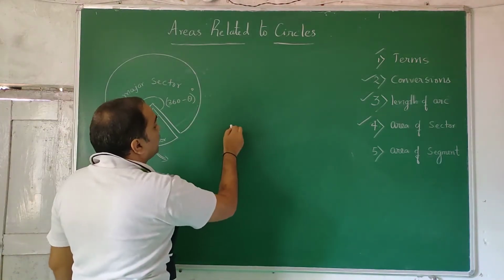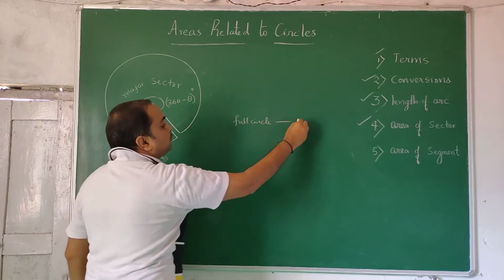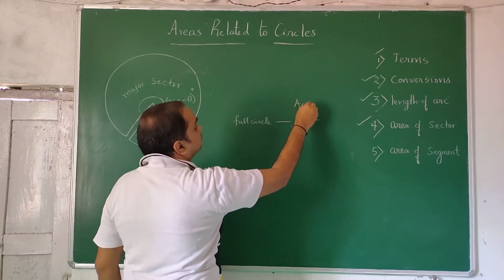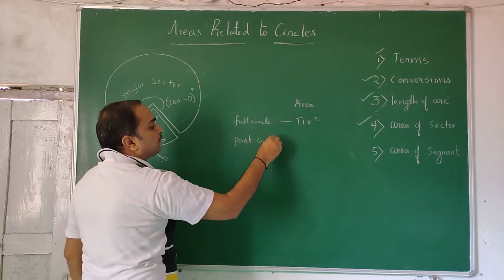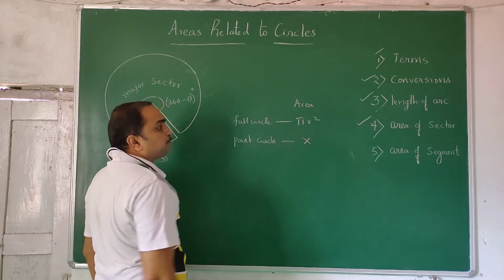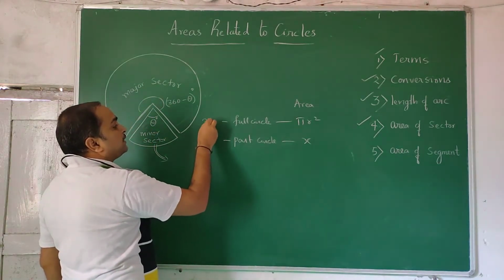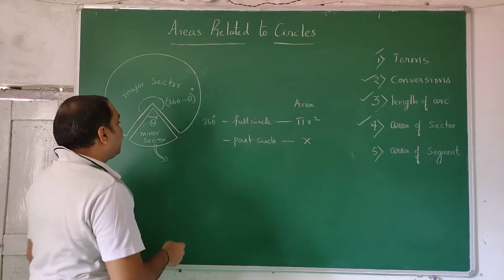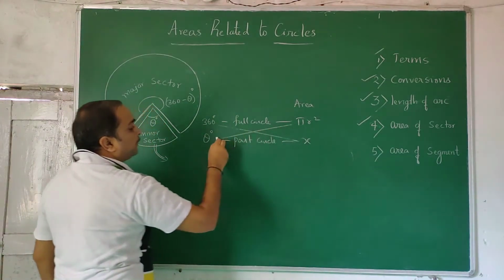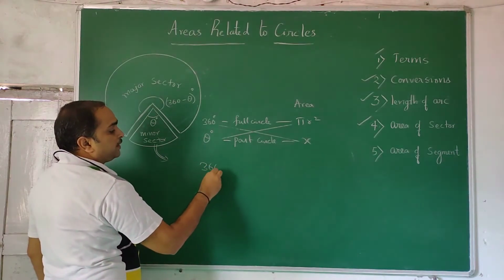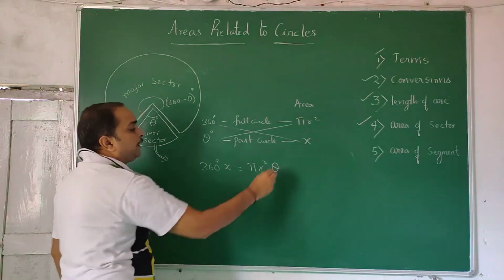For the full circle, the area is pi r square. For a part of the circle, that is the sector, the area is x. For the full circle, the angle is 360 degrees. For the part of the circle, the angle is theta degrees. Cross multiply: 360 degrees into x is equal to pi r square into theta in degrees.